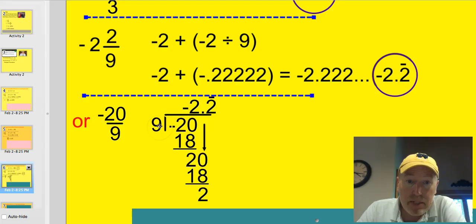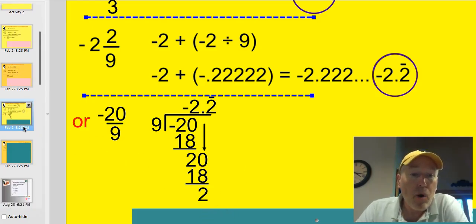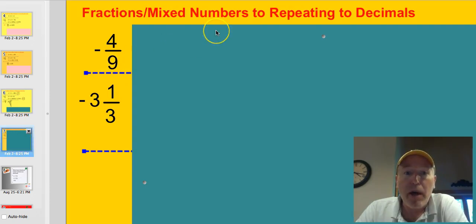Negative 2 times 9 is 18, and you've got 2 remainder again, and you can see that it's going to be negative 2.2 repeating as well. So either way, you can do it old school. Most of the time on these types of problems, you'll have a calculator, and so I think it's easier to work it that way.